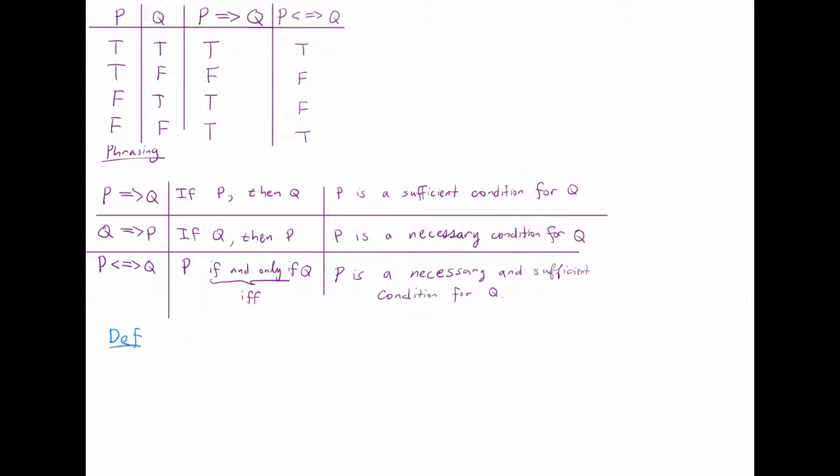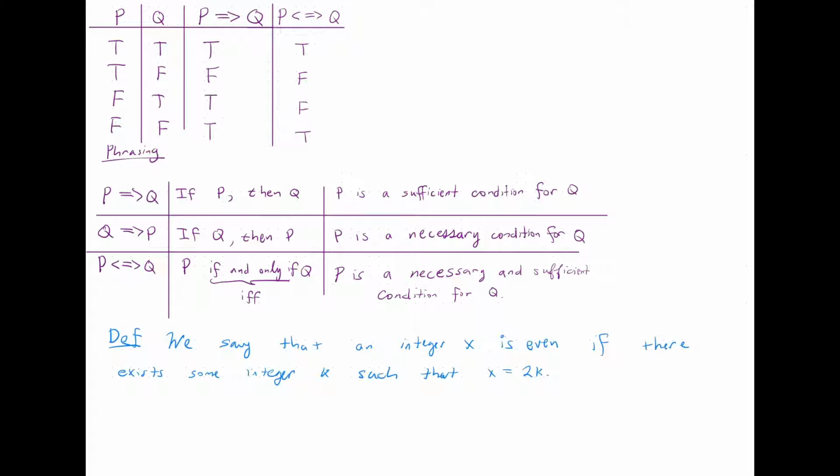So definition, we say that an integer x is even if there exists some integer k such that we can write x as equal to 2 times k.